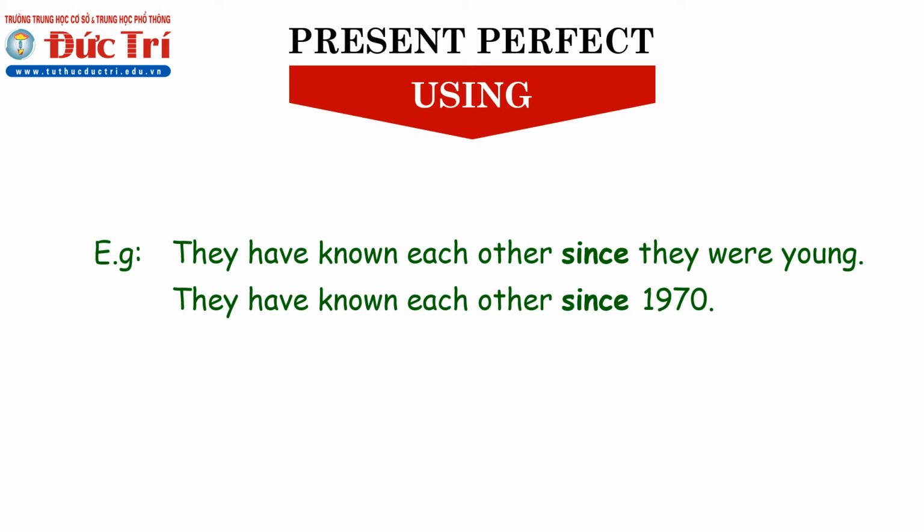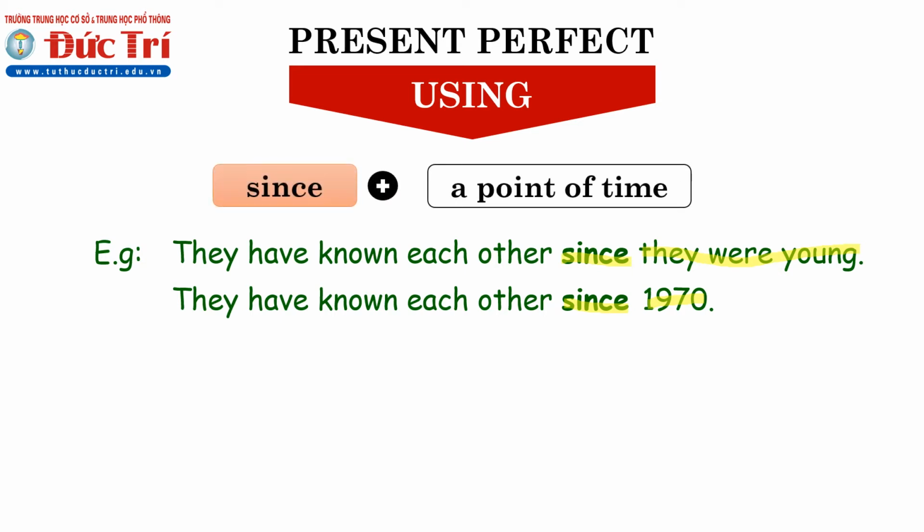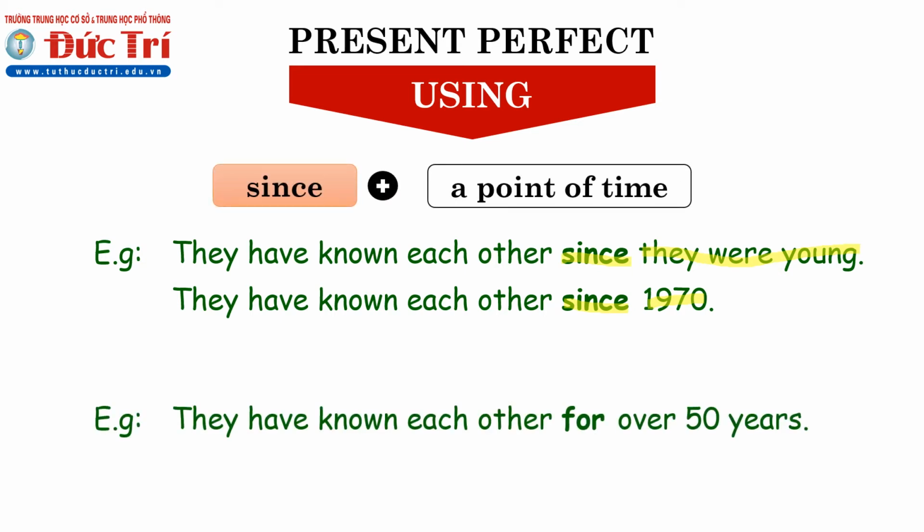In this sentence, I'm using since with a point in time. Since they were young, since 1970. And in this one, they've known each other for over 50 years. Over 50 years is a long period of time, so I'm using for with a period of time.